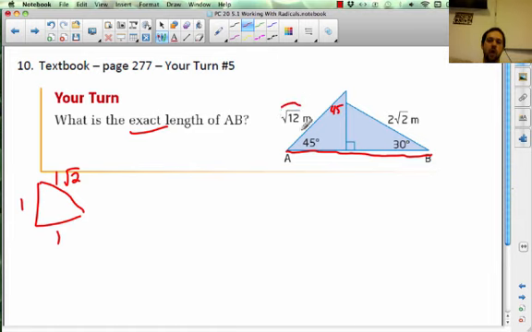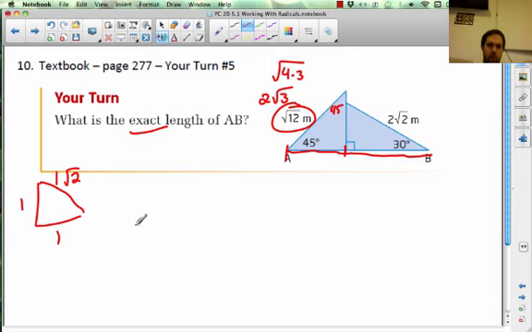Now, root 12 we can rewrite as the root of 4 times 3, which will give us 2 root 3. So that's not really going to help us here because we were hoping for something root 2. So we could just write this length as a nice whole number, but that's not going to be the case, so we got a little more work to do here.